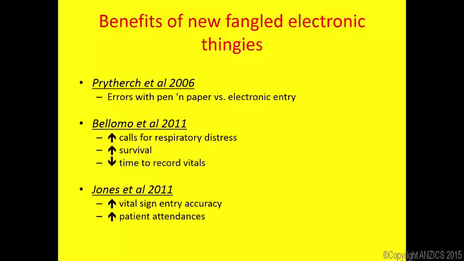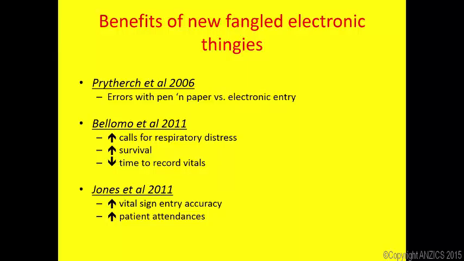Prytherch in 2006 did a classroom-style study where they compared pen and paper versus electronic entry, and found that pen and paper had an error rate of 28%, whereas electronic entry for vital signs had an error rate of 9%. Ronaldo did a before and after controlled trial of automated electronic vital sign monitors and found an increased call for respiratory distress, improved survival, and decreased time to record vitals.